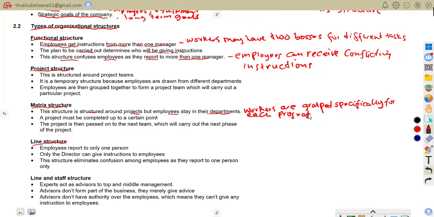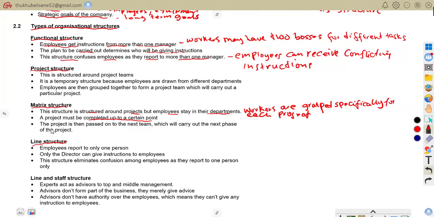For example, a construction company forms a team to build a school. A project must be completed up to a certain point.